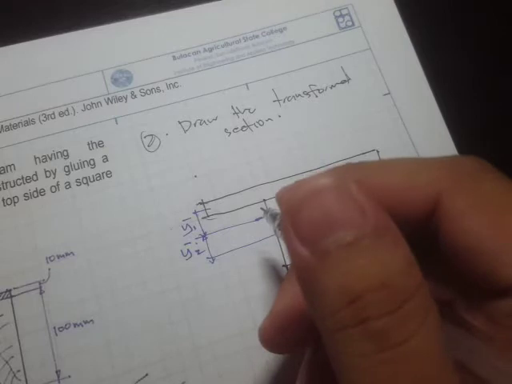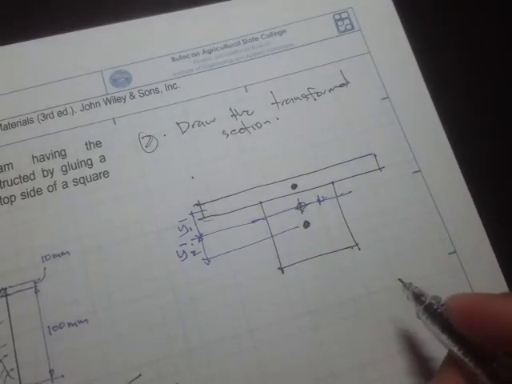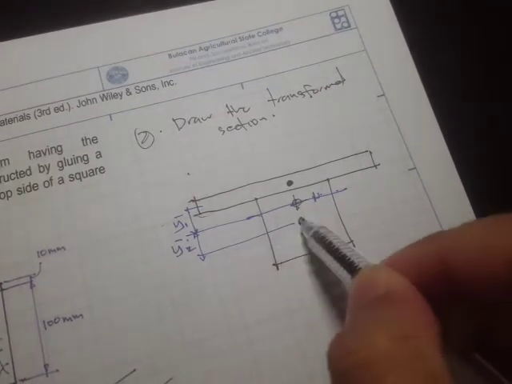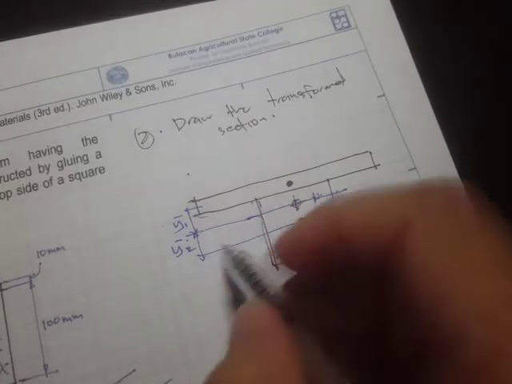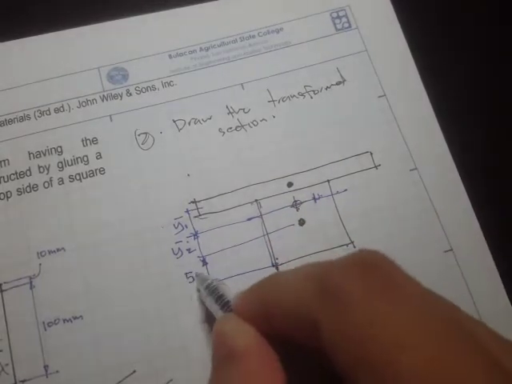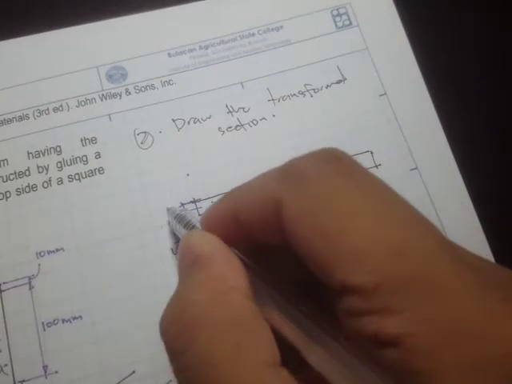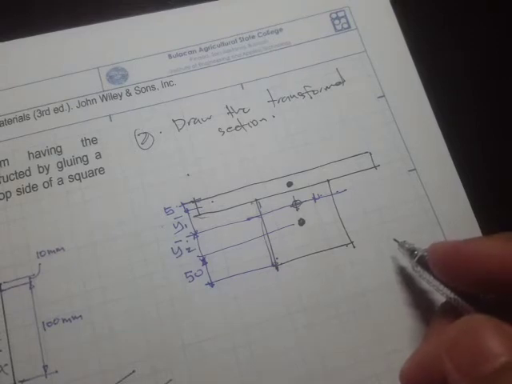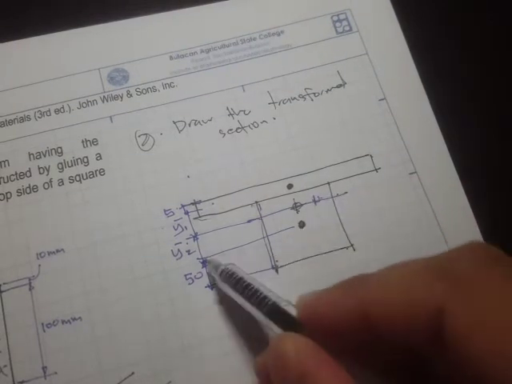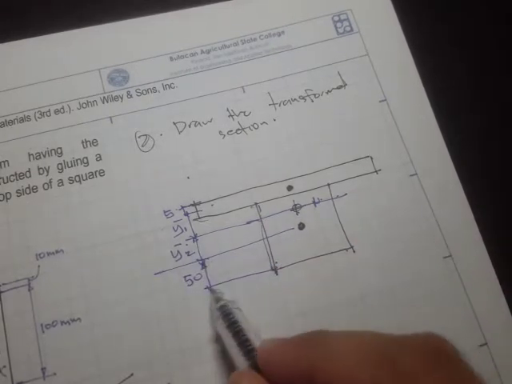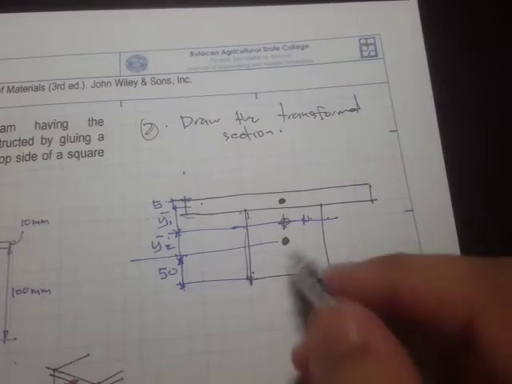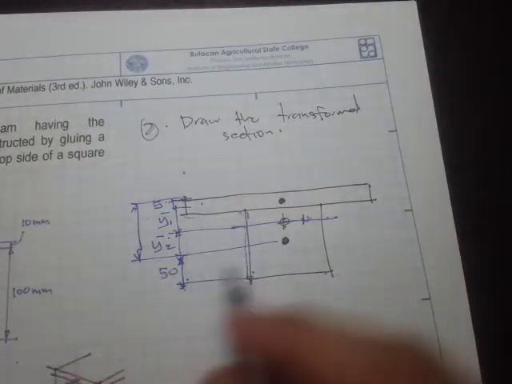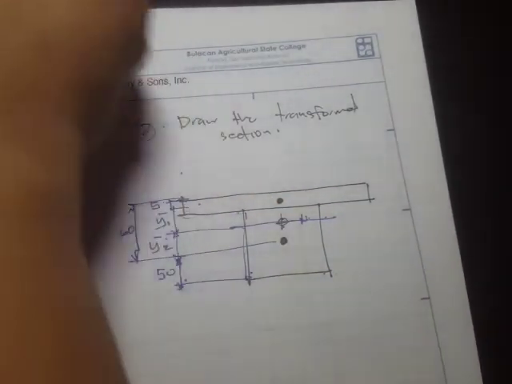Right, and what else? We know that this is 50 from this base to the centroid, because this is 100, so 100 to the centroid, that's just 50. And right here, since the thickness is 10, this is 5 mm. If this is 50 from the bottom portion to the centroid, then the remaining distance, since the total distance is 110, will be 60.